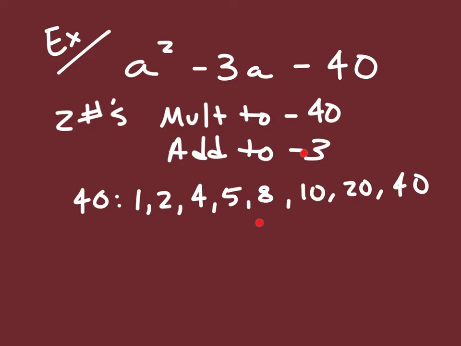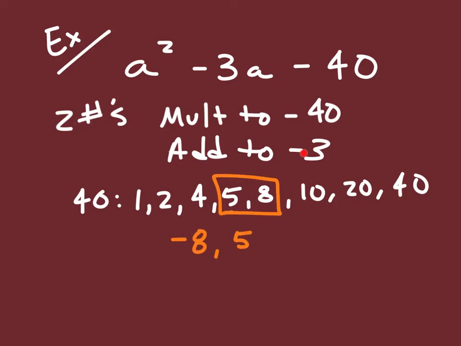If you look at 4 and 10, your options are to add them together or to subtract. So you'd have 14 or 6, or negative 6 and negative 14, that kind of thing. When I look at this, I know the answer is 5 and 8. But here's what I've got to say: this is negative 8 and positive 5.